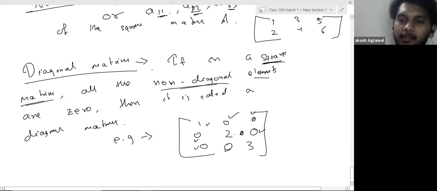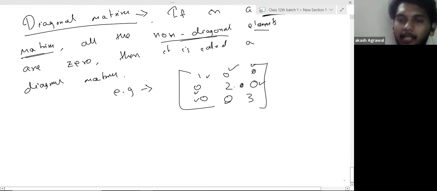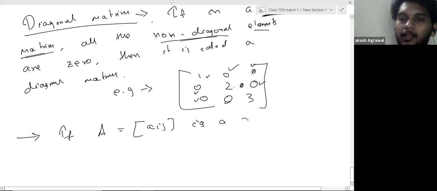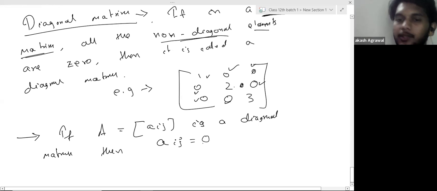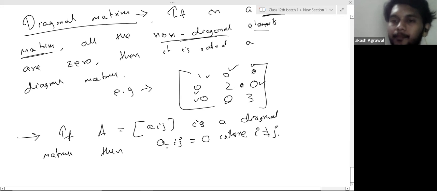Now, how can we represent this in language form? If A equals Aij is a diagonal matrix, then Aij will be equal to 0 where I is not equal to j.